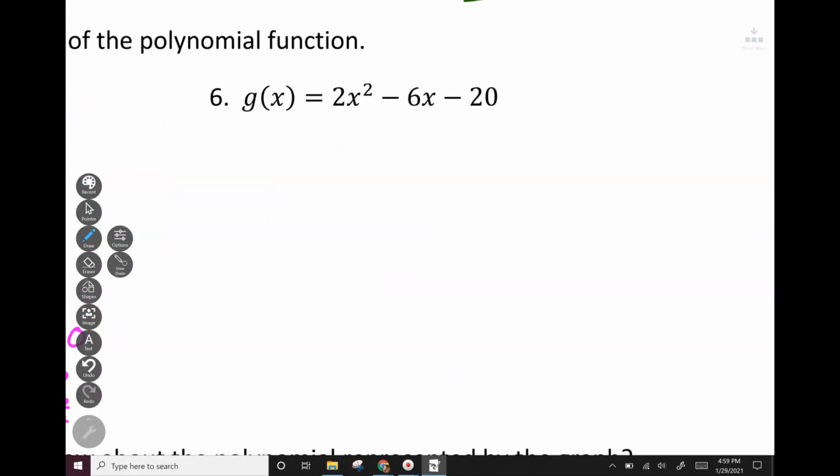This one, let's see, our y-intercept. There's always only one y-intercept or else it's not a function at all, right? It wouldn't pass the vertical line test. But for a y-intercept, you're plugging in 0 for x, so we're doing g of 0.